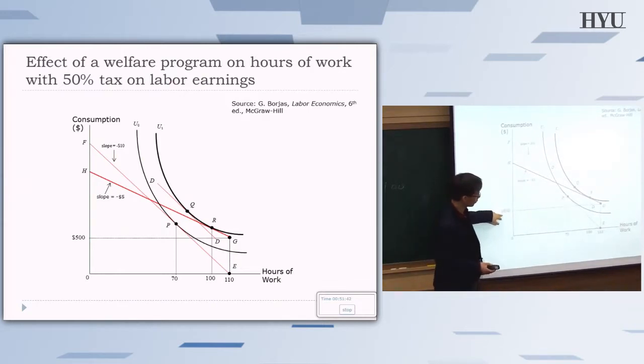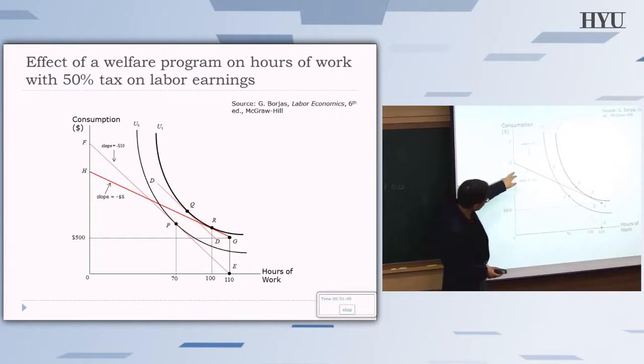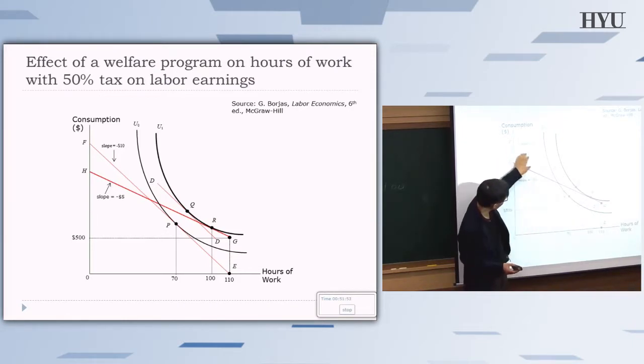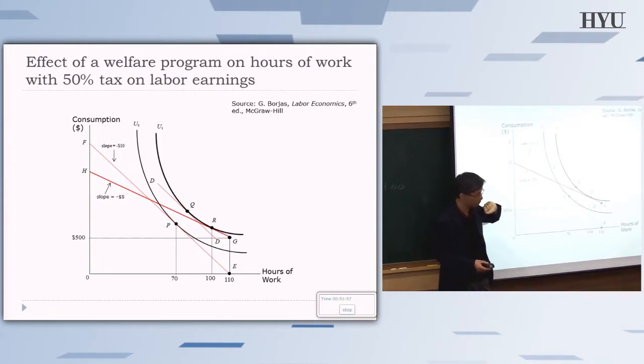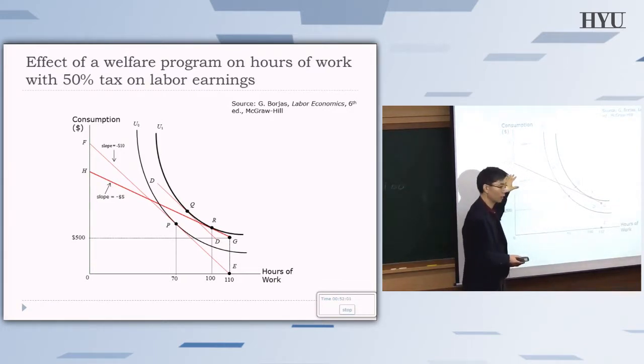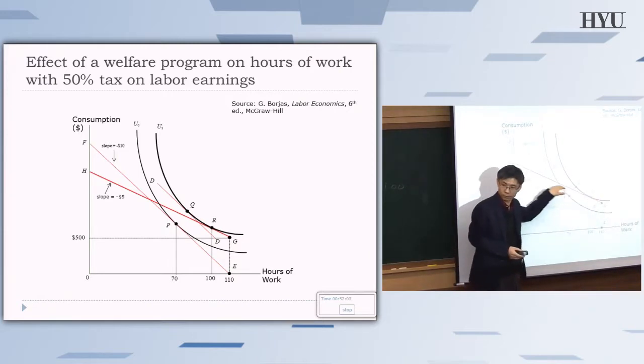If she doesn't work at all, she gets 500. This is from taxable. Since the implicit tax rate is 50%, her budget line will change from the original budget line to the $5 line. This darker one is the $5 line.